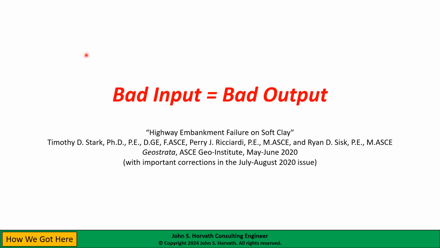We should always remember that bad input is always going to give you a bad output. It has been noted and talked about for many, many years now that no matter how sophisticated the computer software that you may use, it will never ever make up for bad input into that program.